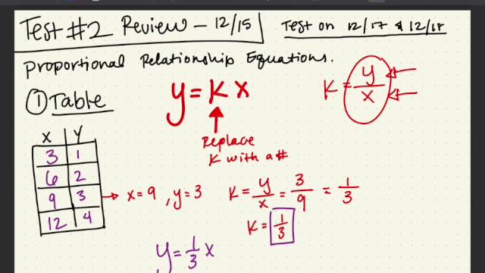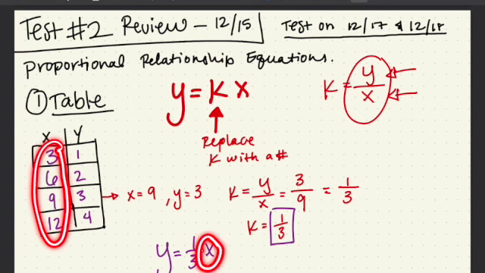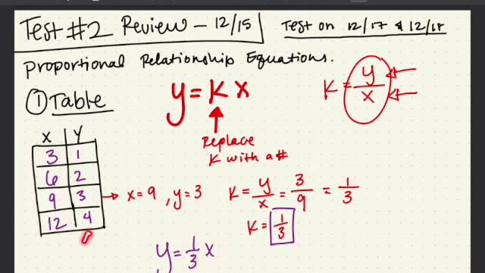Y is equal to 1/3 times x. Now this is true because we can take any value for x, multiply it by 1/3 and get the values for y. So we can take whatever the value for x is, multiply it by 1/3 to get to y. Okay, so that is how we find an equation using a table.